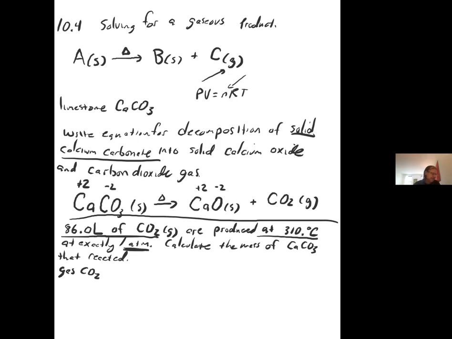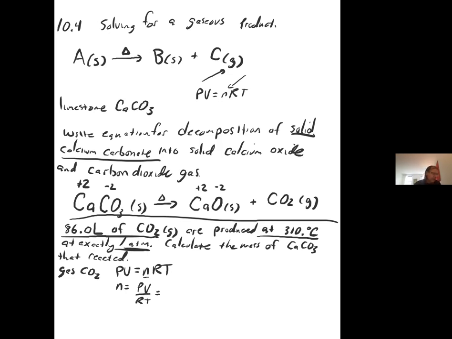And you've got volume, temperature, and pressure. So if you're given information about a gas, typically you can use the ideal gas law. And notice what you are given, PVT. So there's only one variable we've not been given, and that's n. So I'm going to solve for n. Divide both sides by RT, and that'll give you n.